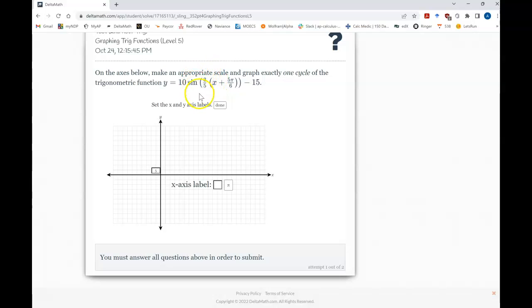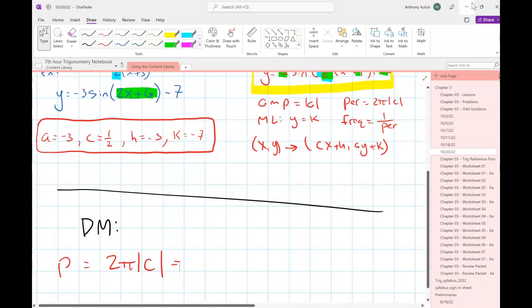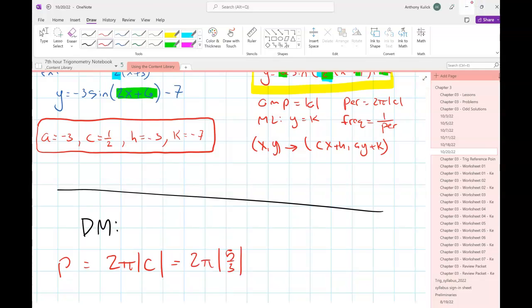The C in this case is 5/3, right? The reciprocal. So that gives me 10 pi over 3. And then for my x scale, I'm going to divide that by 4.